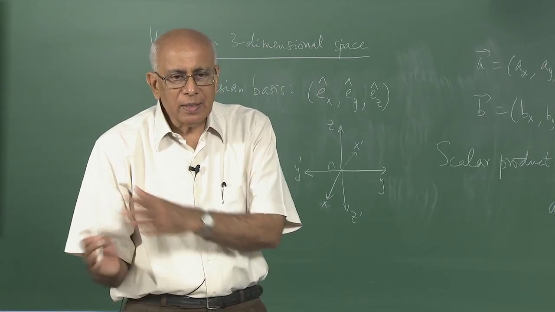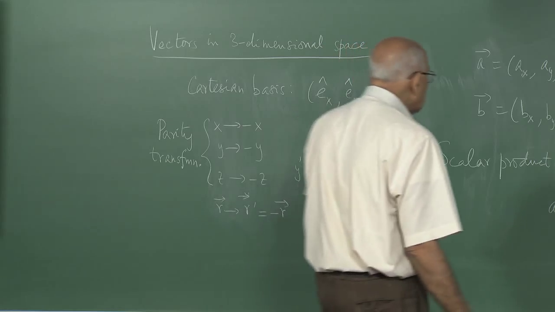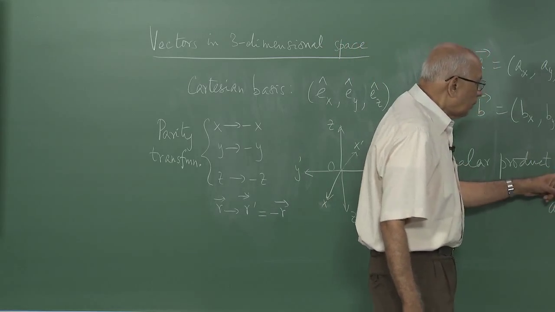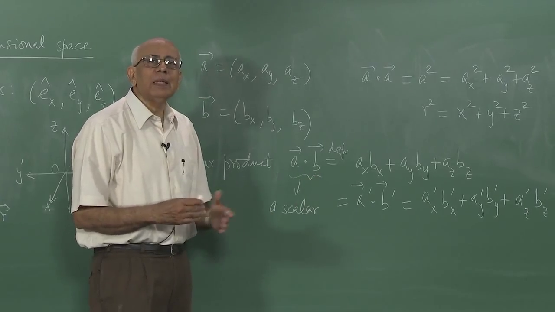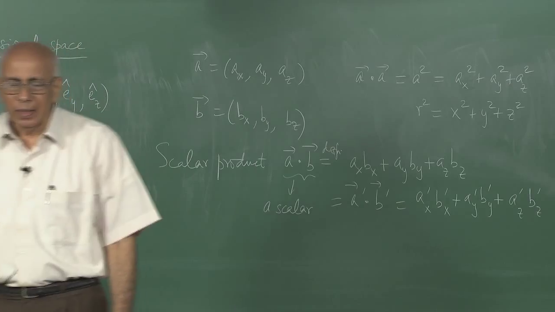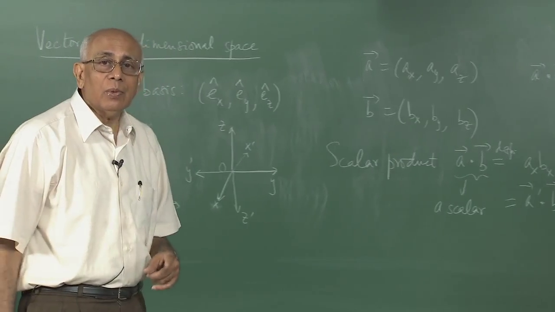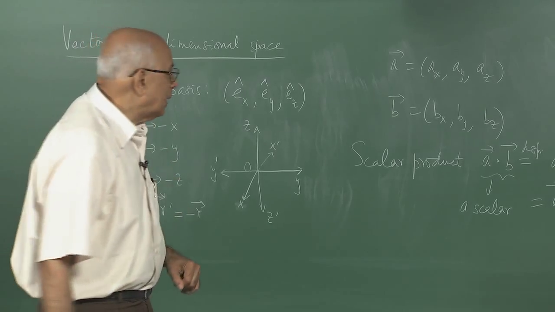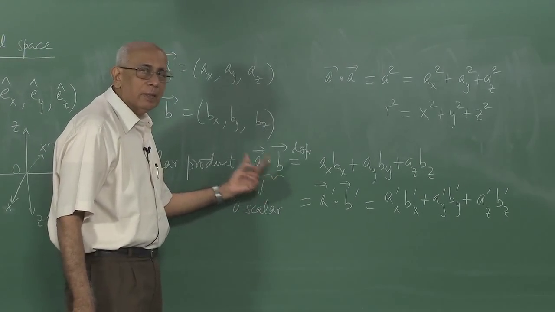Each component will change sign under coordinate transformations. On the other hand, what happens to the scalar product? Well, if A goes to minus A and B goes to minus B, A dot B remains unchanged. It is exactly the same under a parity transformation, which is why it is called a scalar. Had it changed sign, I would have called it a pseudo scalar, but it does not change sign, so this is indeed a scalar here.